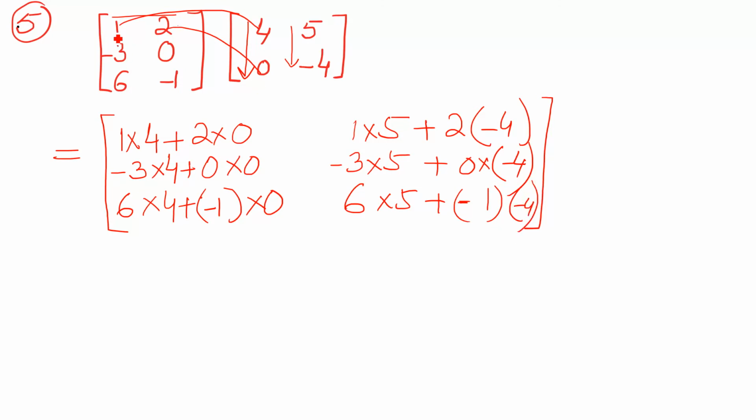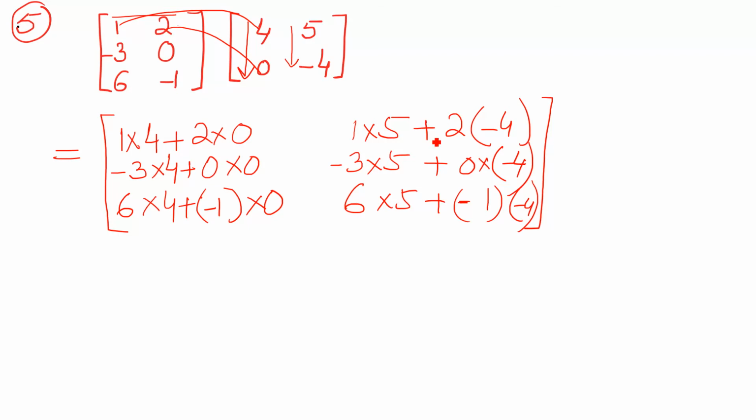So see, this is the first element, this is the first element, this is the first element. So the first element you have to multiply with this 4, all are 4, 4, 4. This is the second element, right? So this second you have to multiply with 0. Same thing here, all these first elements you have to multiply with 5.